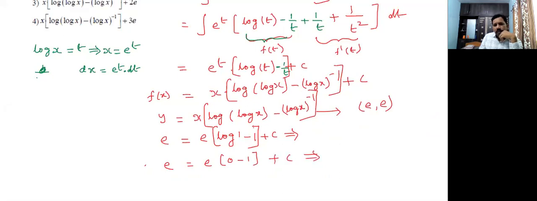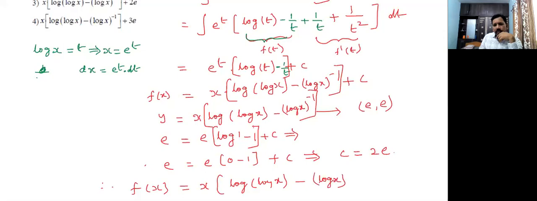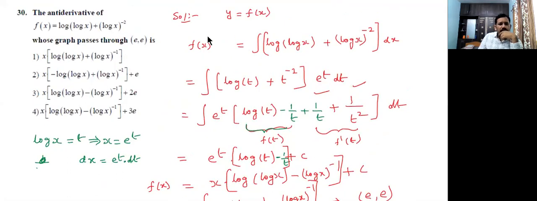Calculate this. The c value is 2e. Therefore, f of x is equal to x into log x minus (log x) to the power minus 1 plus c, where c means 2e. This is the final answer. Which option is correct? The third option is correct.